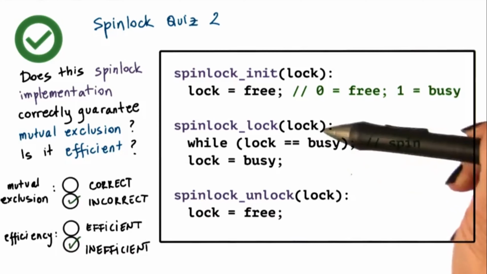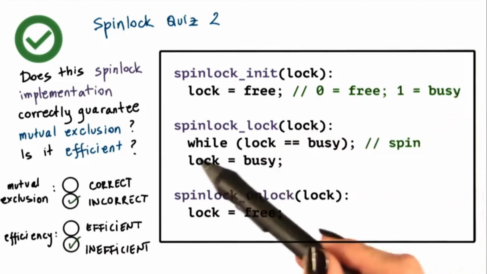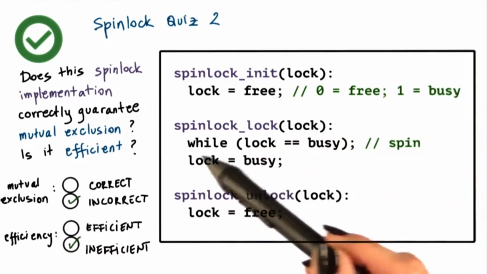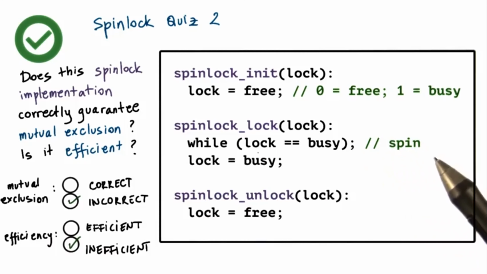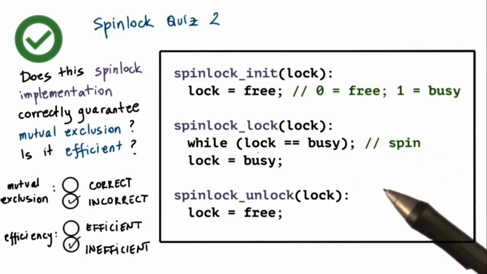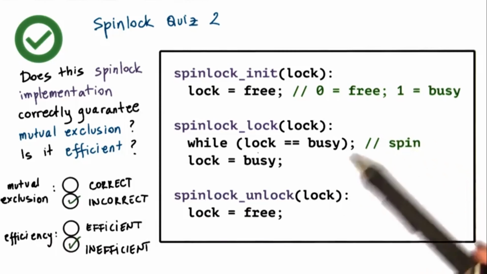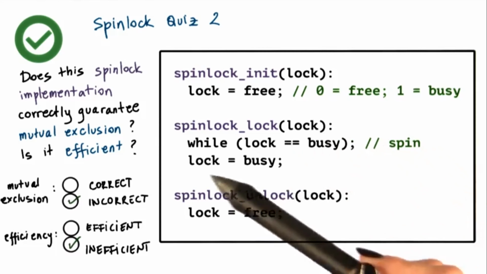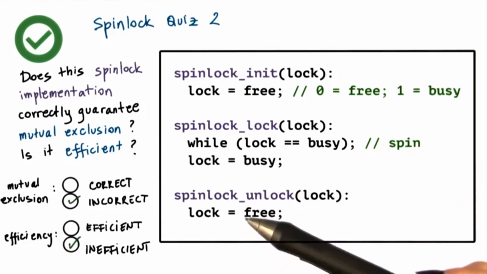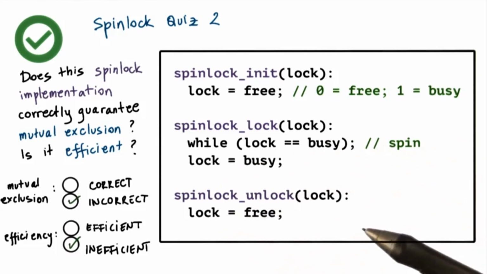They will exit this while loop and will move on here and try to set the lock value to be busy. If these threads are allowed to execute concurrently, there's absolutely no way, purely in software, to guarantee that there won't be some interleaving of exactly how these threads perform this check and these set operations, and that a race condition will not occur here.